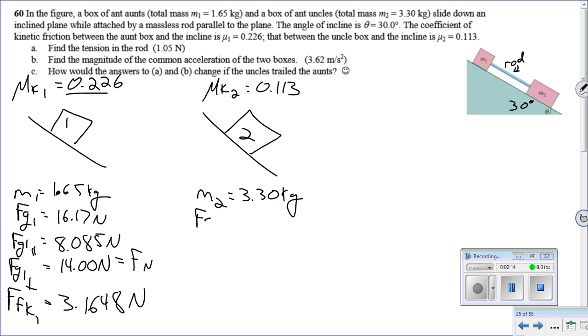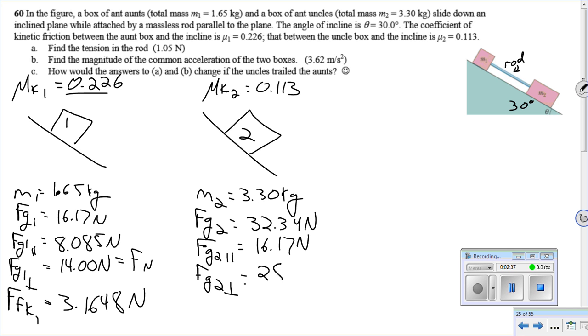All right, let's go over here and do some similar calculations. The force of gravity on box number 2 is twice as big. So that gives you 32.34 newtons. FG2 parallel, the parallel component there, turns out to be 16.17 newtons. Our FG2 perpendicular ends up being 28 newtons.